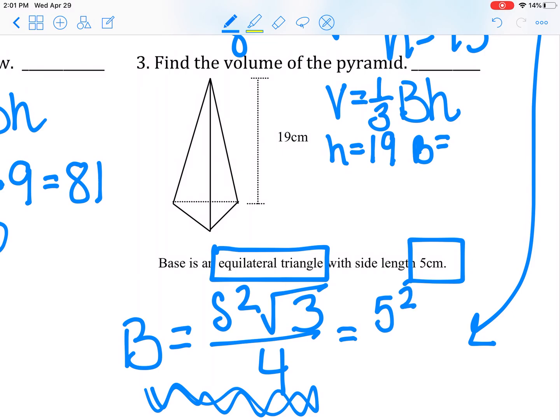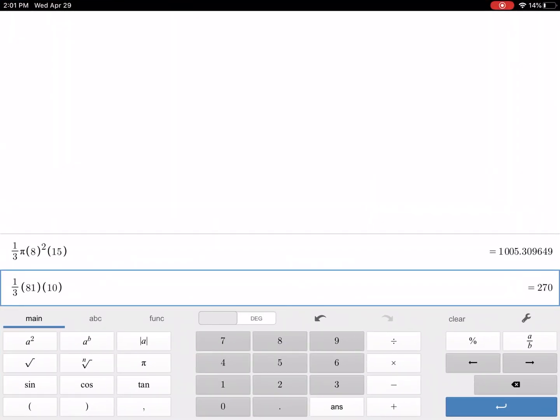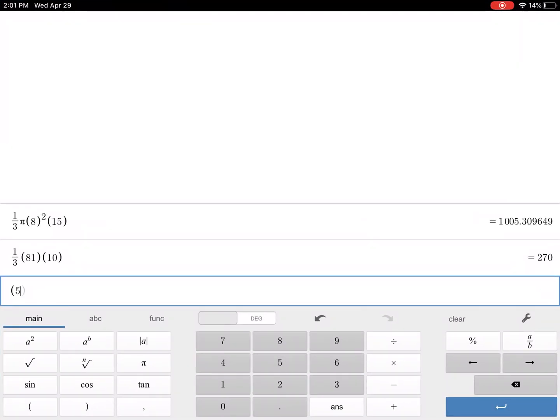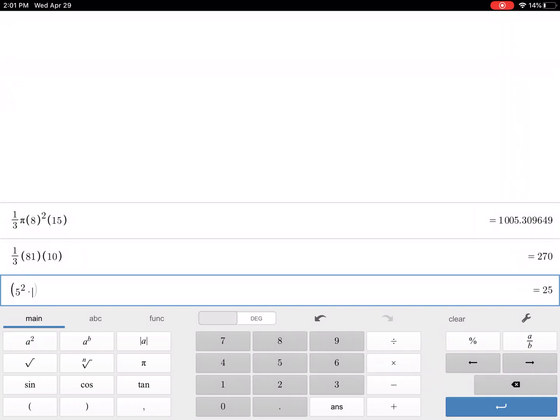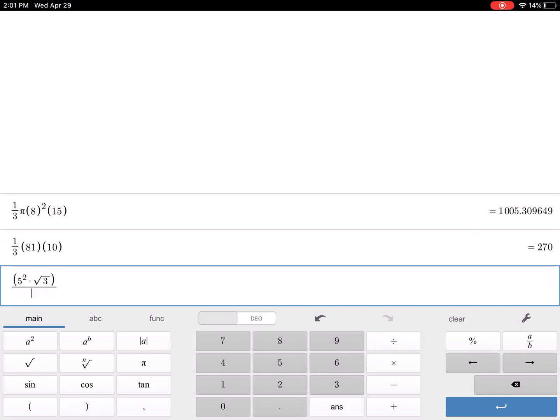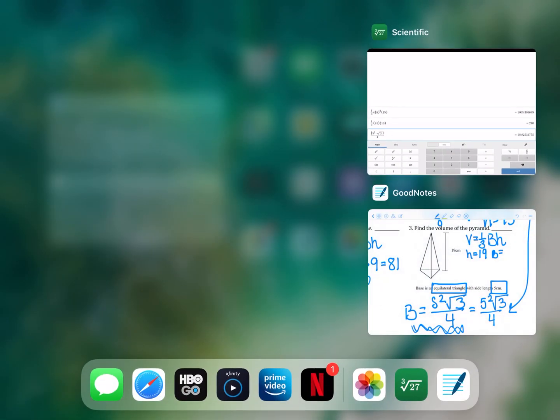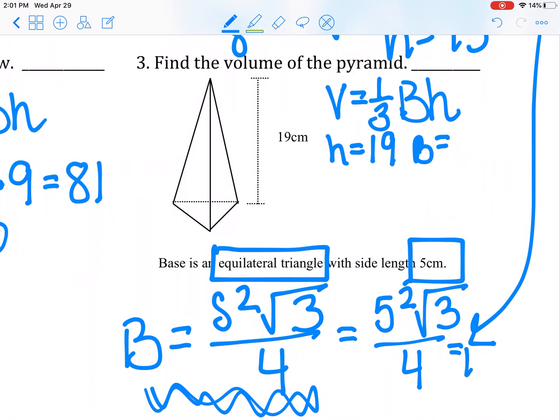So 5 squared times the square root of 3 all over 4, and we get 10.825 for our area of the base.